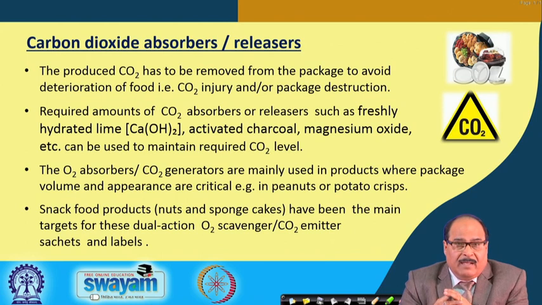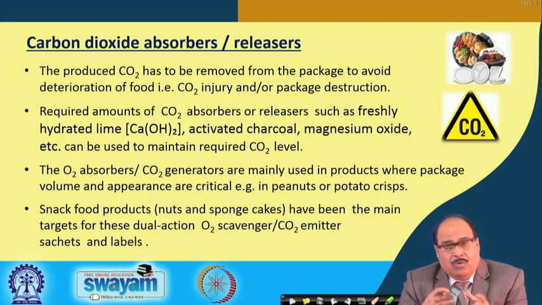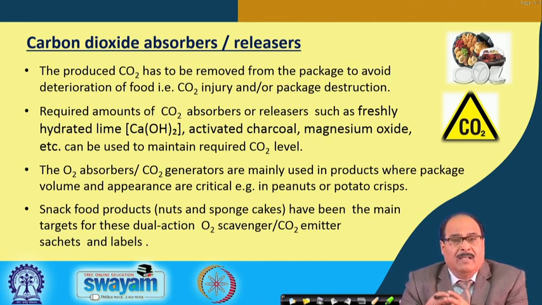Similarly, carbon dioxide releasers or carbon dioxide absorbers are also important. The carbon dioxide produced during the respiration of the produce is to be removed from the package to avoid deterioration of the food, such as carbon dioxide injury and or package destruction.